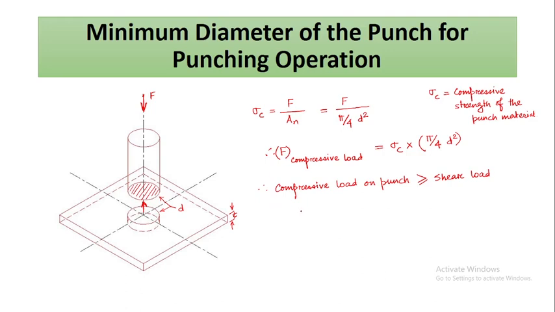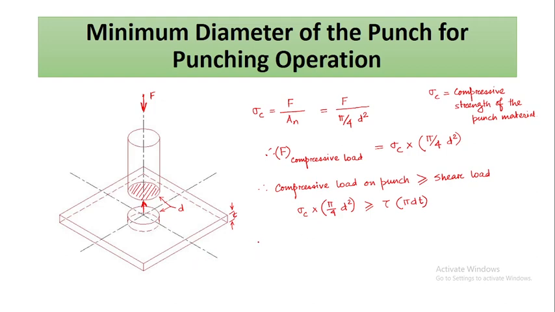So we can write that the compressive load, sigma c into pi by 4 d square, will be greater than or equal to the shear load. Shear load, just now we have found, is the ultimate shear strength into pi d t.